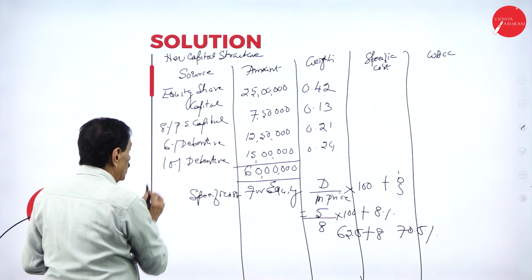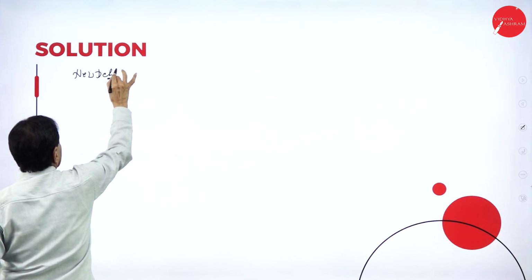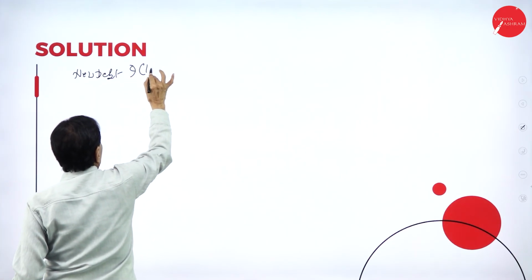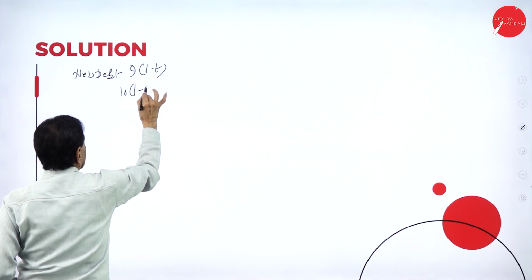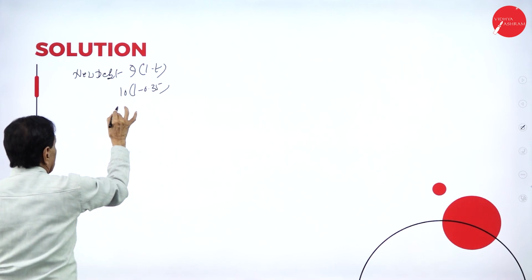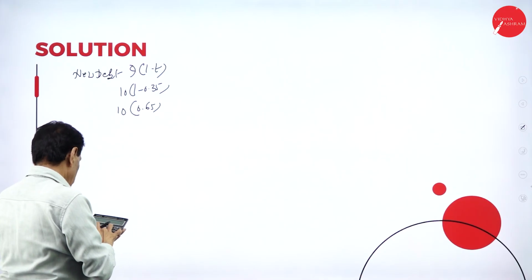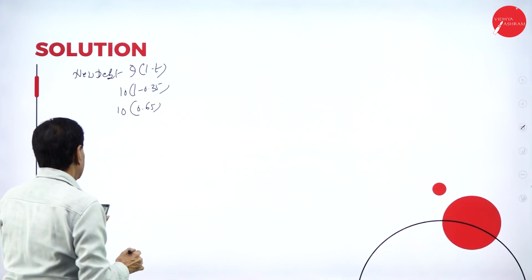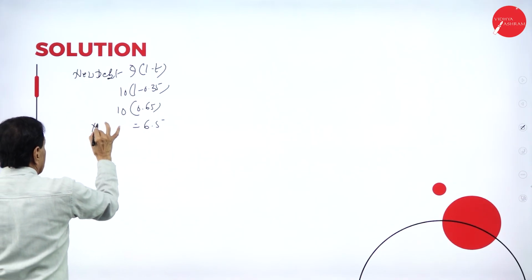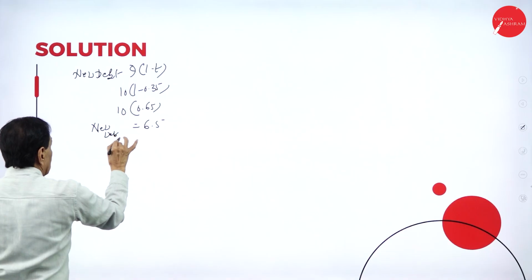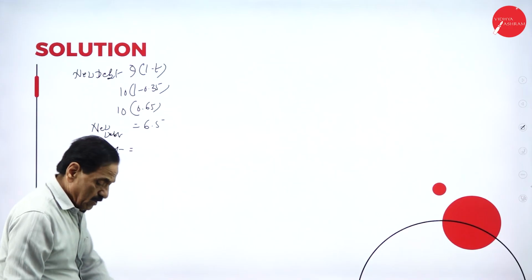Preference share capital same. New debenture, new debt: I into 1 minus T. What's your I? 10 into 1 minus 0.35. That is 10 into 0.65, 6.5. New debt is 6.5.